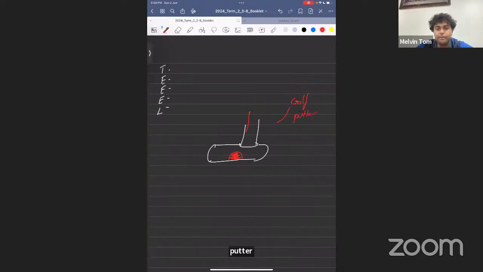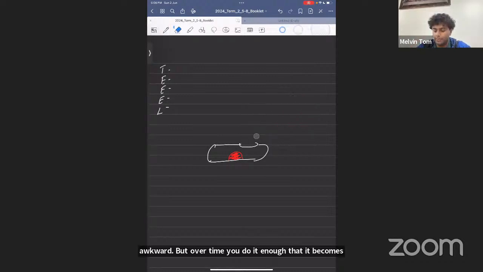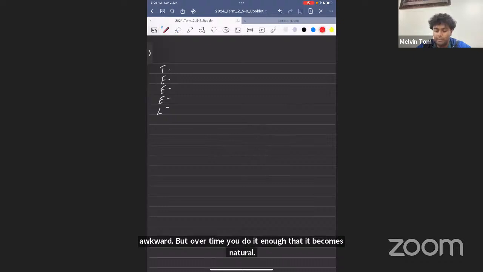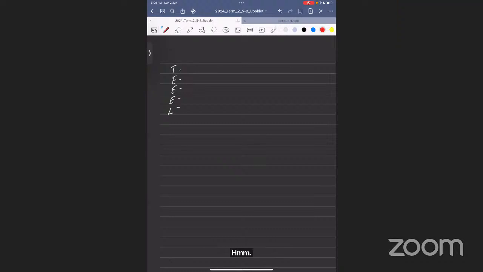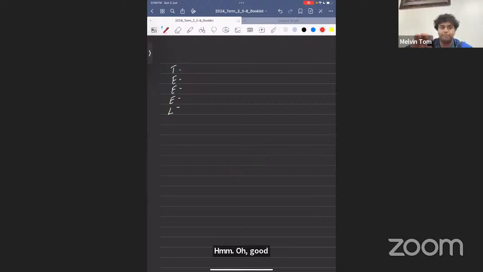So when you first start learning it, it seems very awkward. But over time, you do it enough that it becomes natural. Similarly, with the TEEL structure, when you first start doing it, it seems very prescriptive, very step by step, like a block. But then over time, it comes to you naturally.